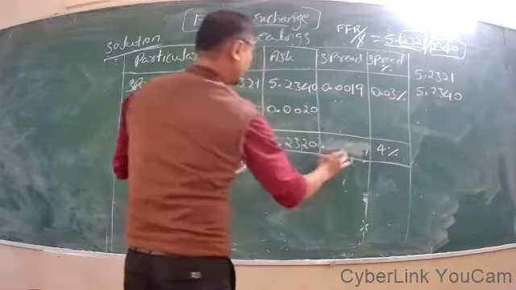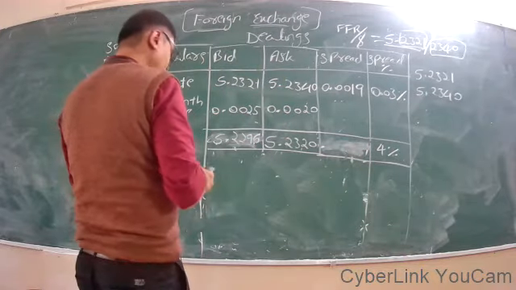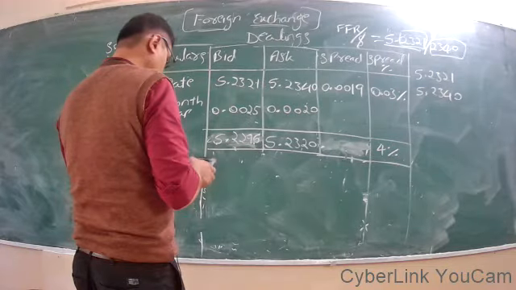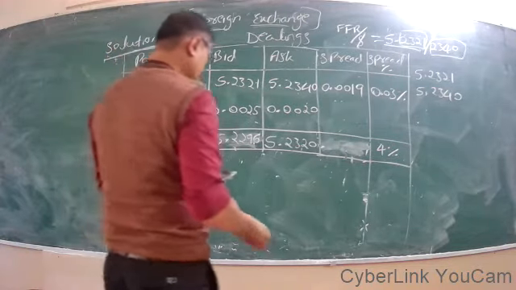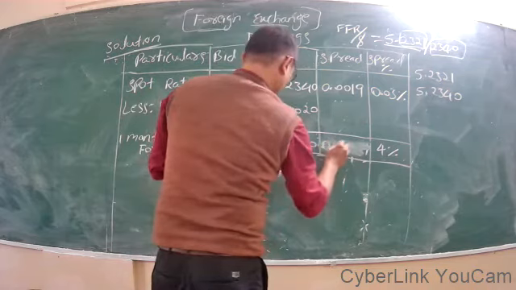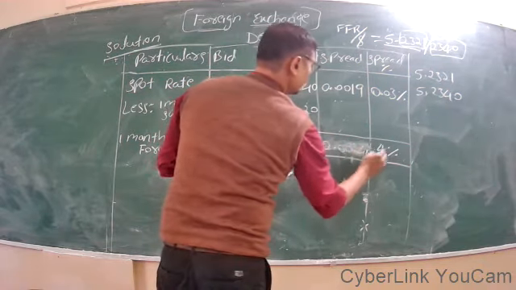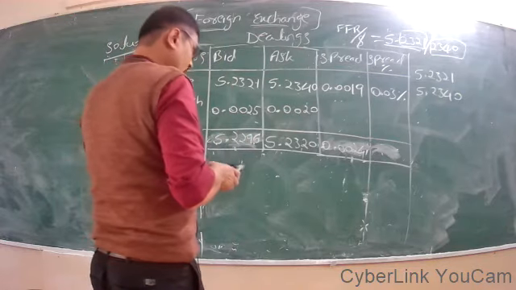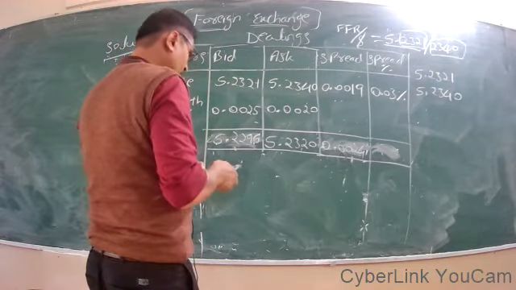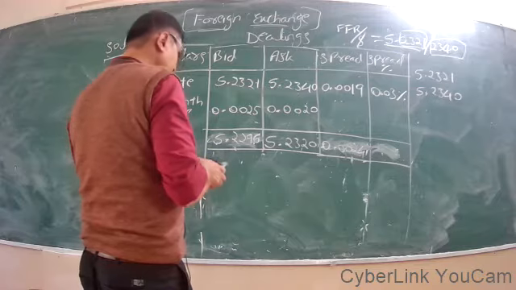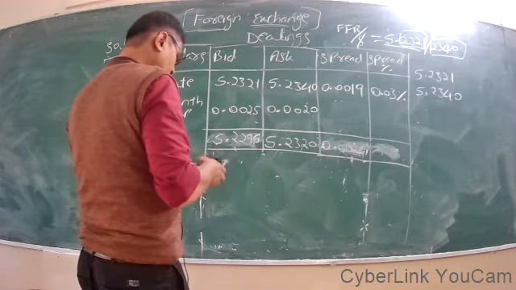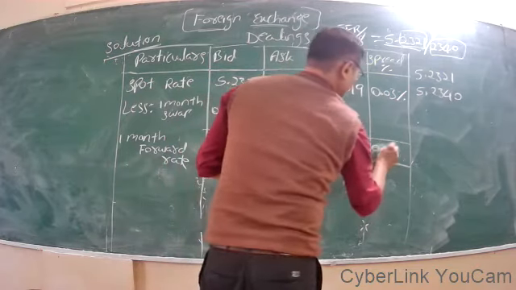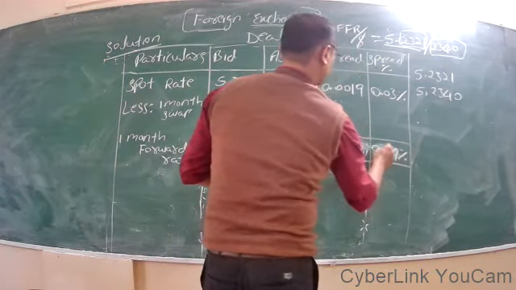So 5.2296 and 5.2320, ask minus bid is 0.0024, divided by ask price, that is 5.2320, multiplied by 100 is 0.04%, right?